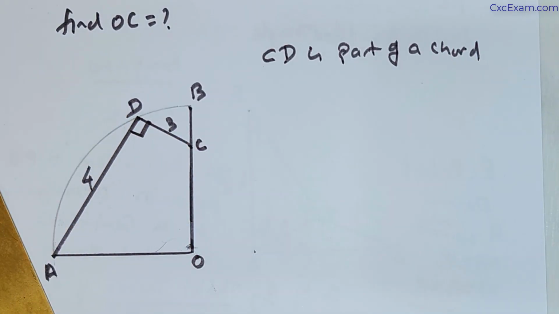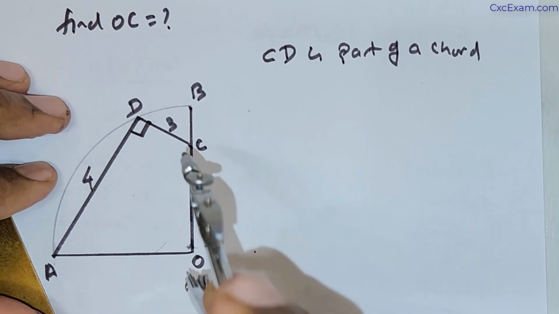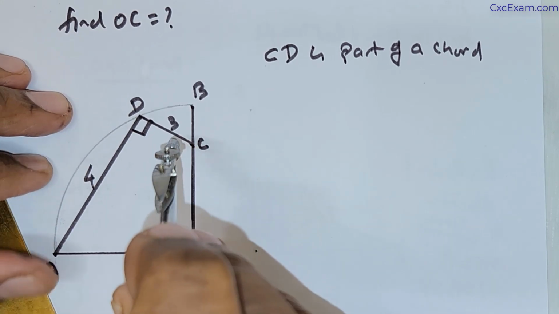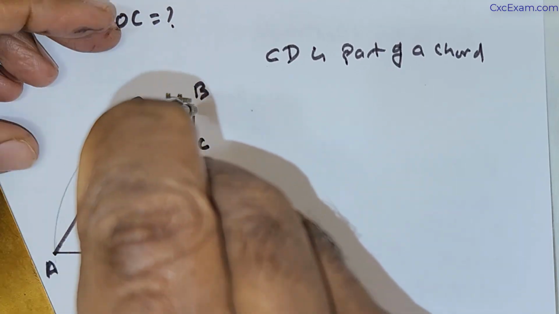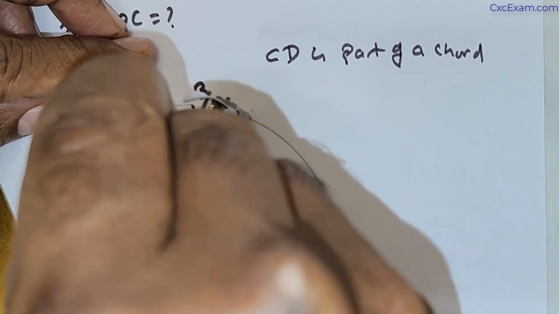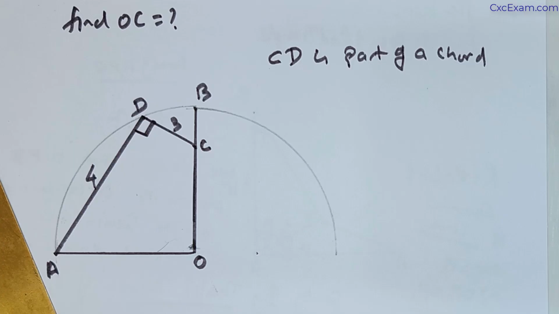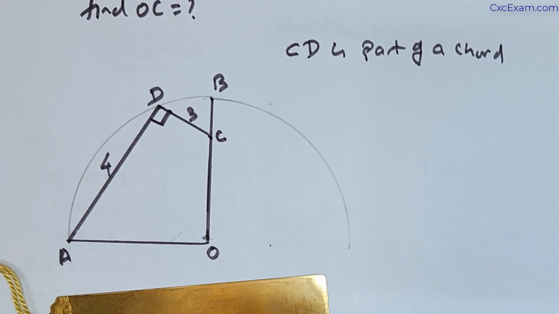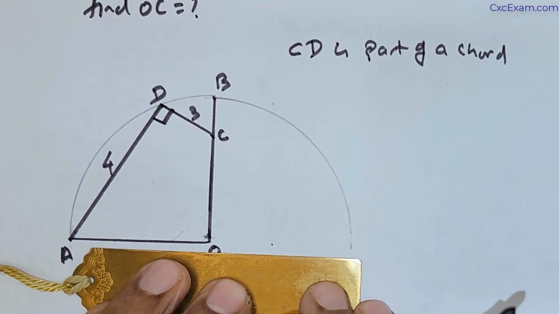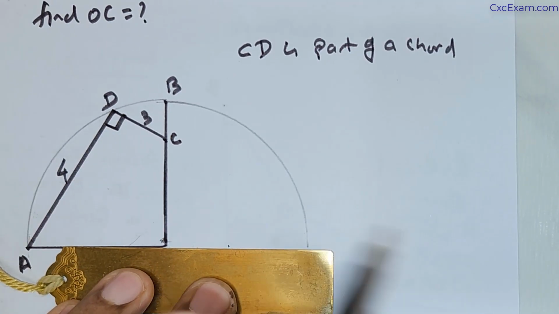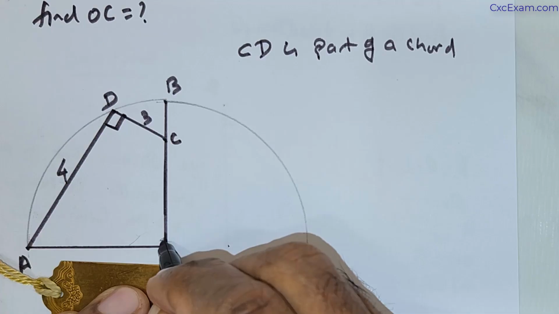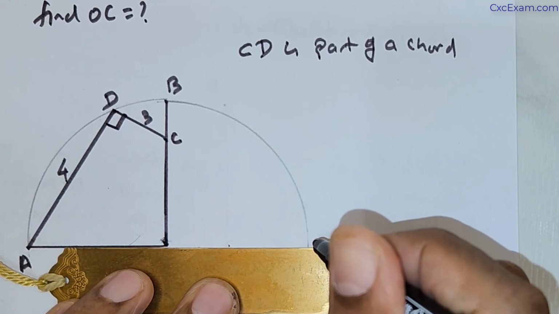Now, if you were to extend this chord, foremost, what I would do is I would complete this circle first, the quarter circle. Figure is not to scale, so this is just an approximate translation of the question. So this point is the center. I'm going to extend it.